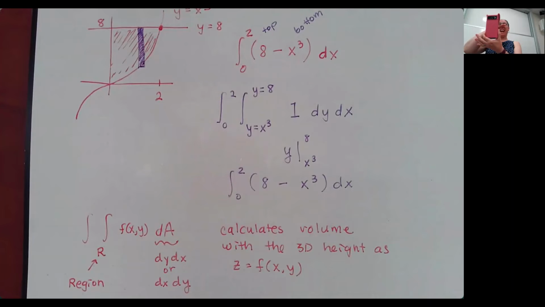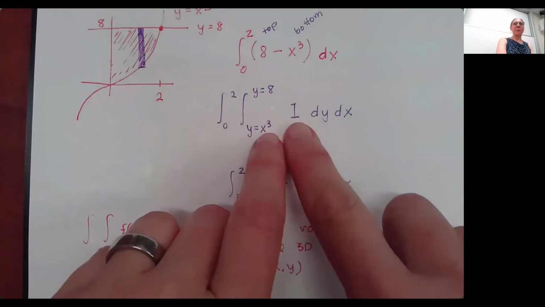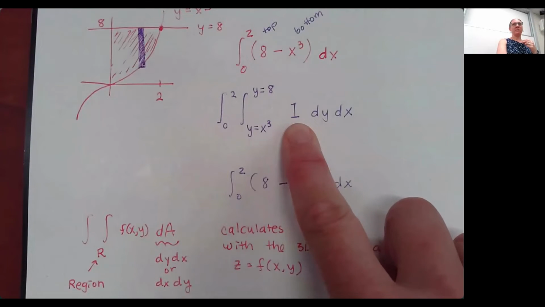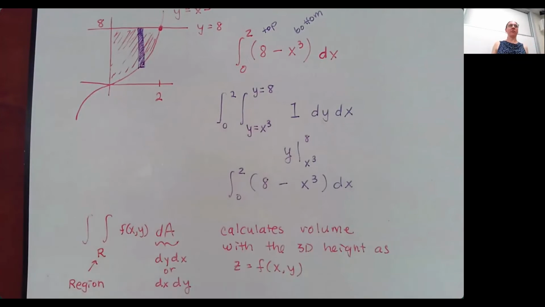So if I was calculating the area, I would have 6 by 12 and get 72 square centimeters. But if I now multiply that by 1 centimeter, the volume and the area have the same value, they just have different units. And so I can write a double integral to find an area if I just set my height function to 1. And if my height function is anything other than 1, I'm not calculating an area anymore, I'm really calculating some sort of volume.